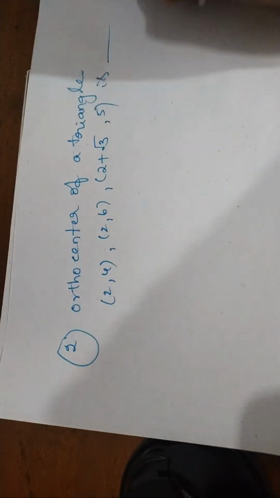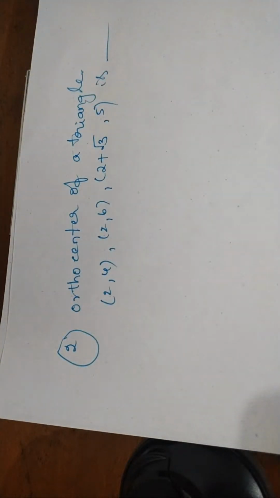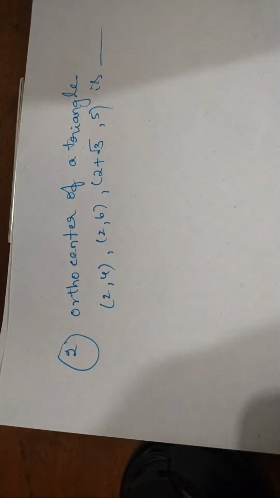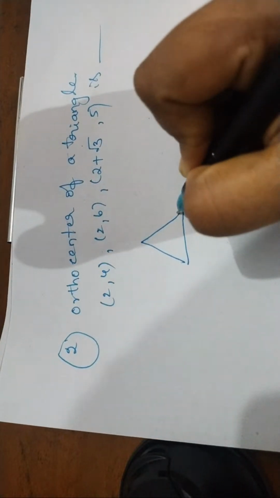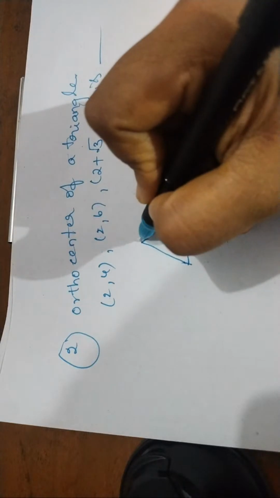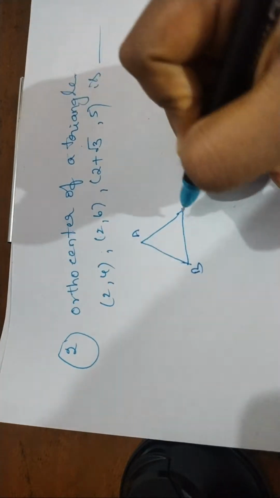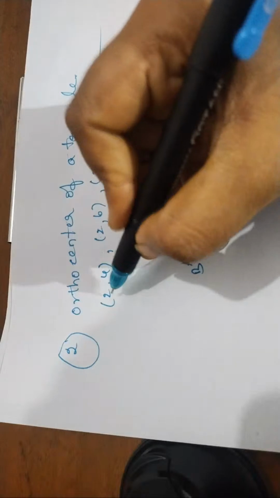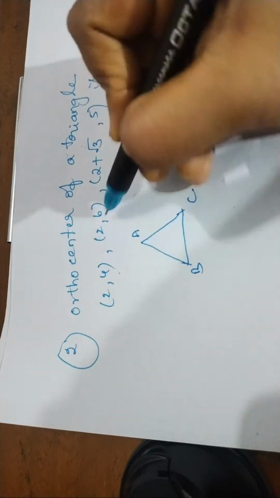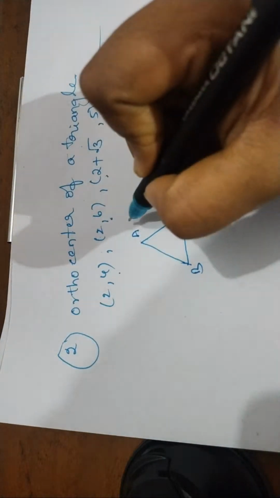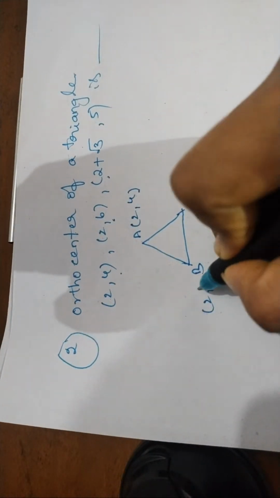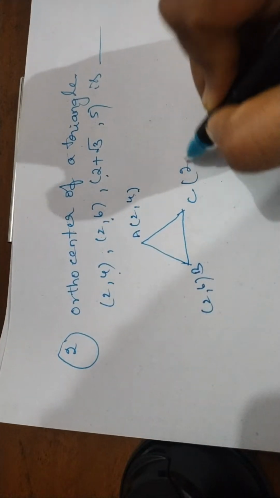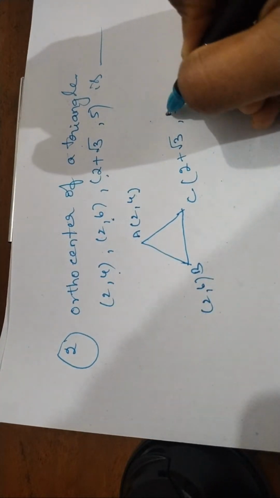You need to find this orthocenter and follow the same steps. First, let us take one triangle. The vertices are A, B, C. A is (2, 4). B is (2, 6). C is (2 plus root 3, 5).